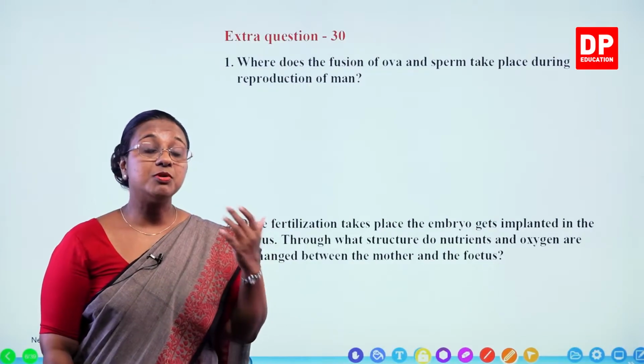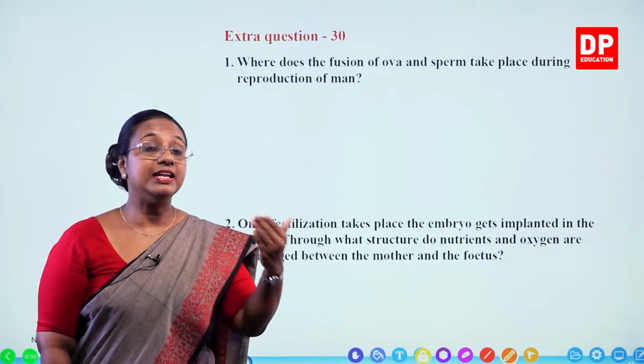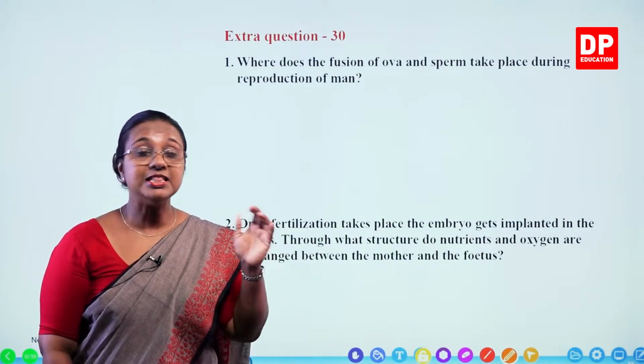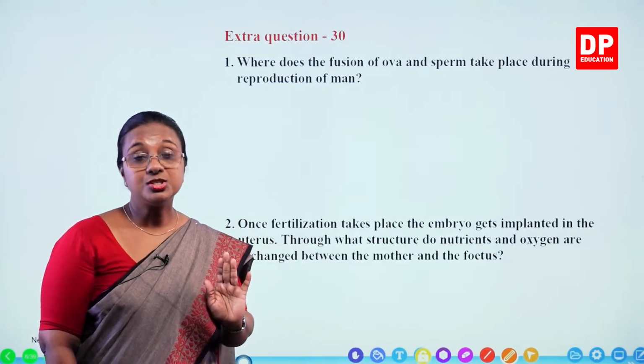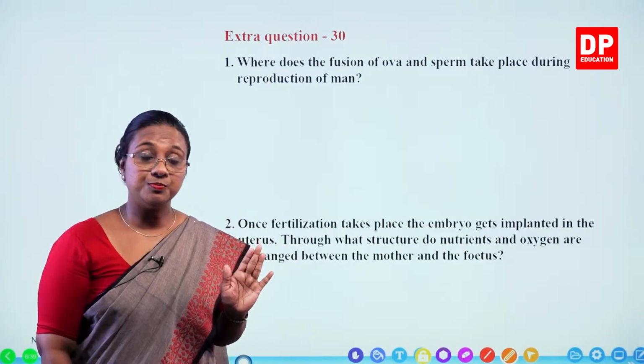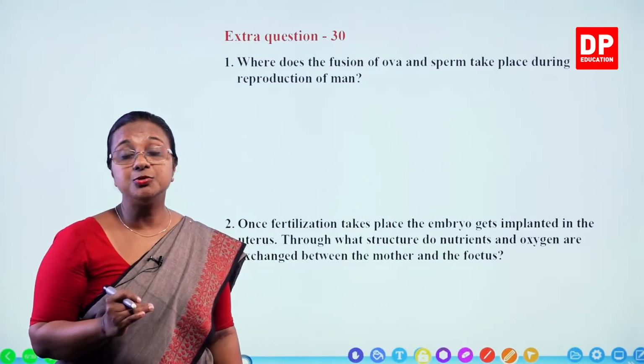Now you all can remember, ovary releases the ovum or the egg cell. An egg cell enters into the abdominal cavity. There, with the movement of the fimbria, it is transferred into the fallopian tube. And from the fallopian tube, it moves towards the uterus.